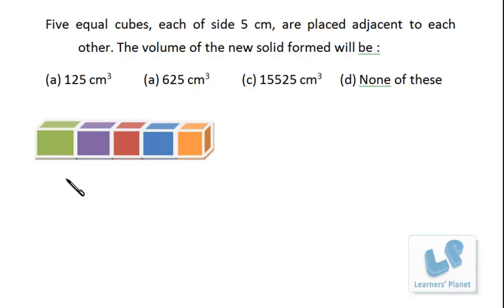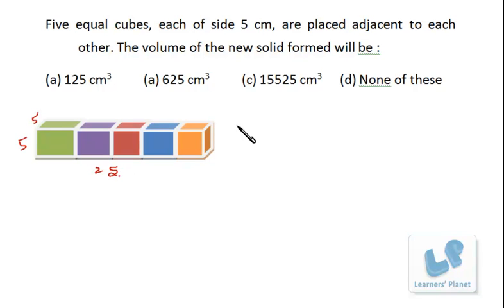Now you can see that 5 cubes are kept adjacent to each other, right? Now this is a cuboid that is formed, okay, after we just kept them adjacent to each other. Now this length will remain 5 centimeter and this length will remain 5 centimeter, but this length will be changed. Now what that new length will be, that is 5, 10, 15, 20 and 25.